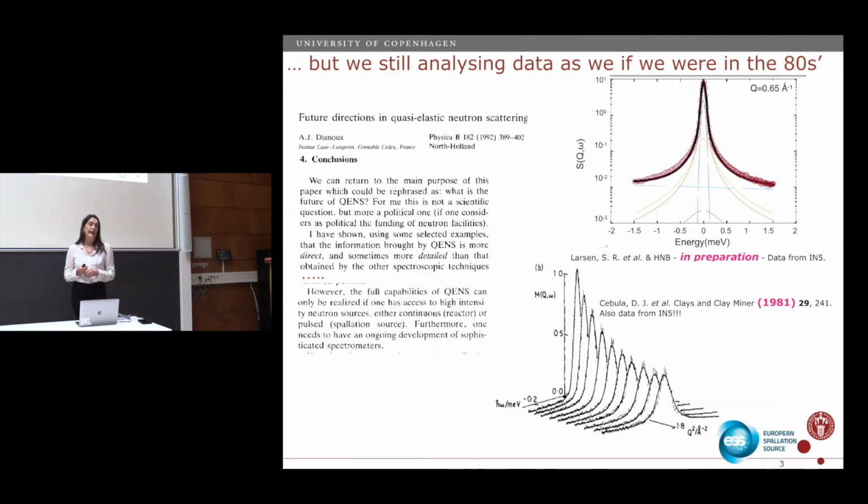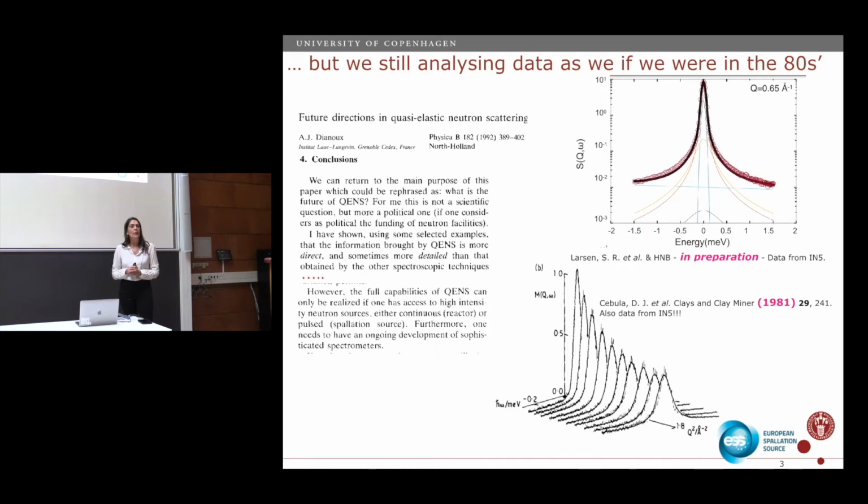However, even if we are at the state of the art with instrumentation, we still do analysis as we did in the 80s. This here, it's not that it's a very bad resolution picture. It's because the paper is not very new. It's from '92, and the resolution when it was put in PDF is very bad.